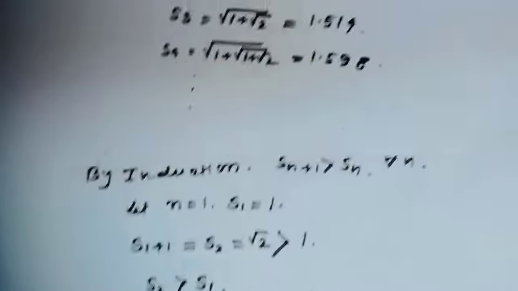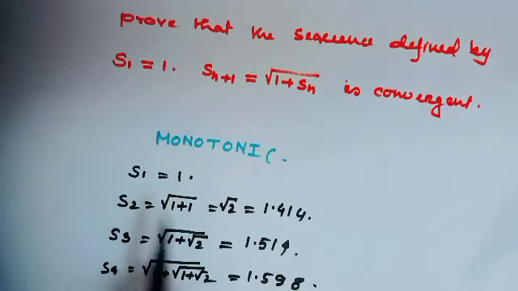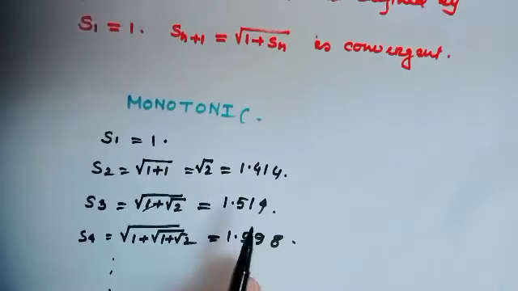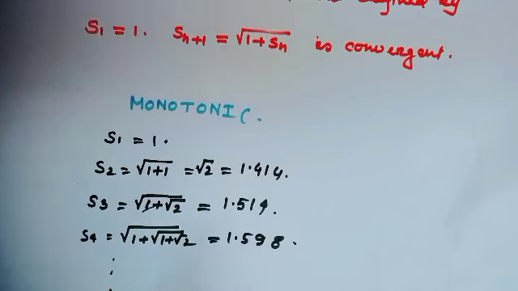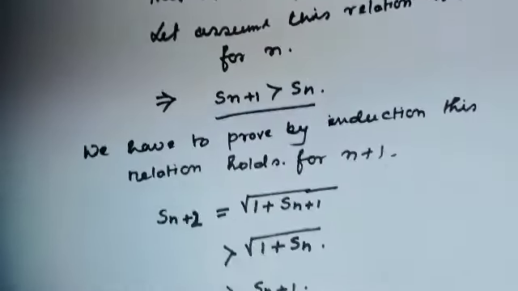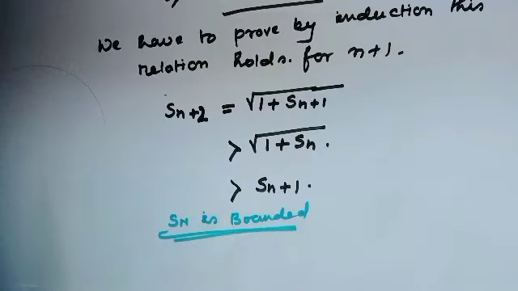Look at the first few terms. S1 equal to 1, S2 equal to 1.414, S3 equal to 1.554, S4 equal to 1.598. Okay. So from this we can tell all these terms are less than about 2.